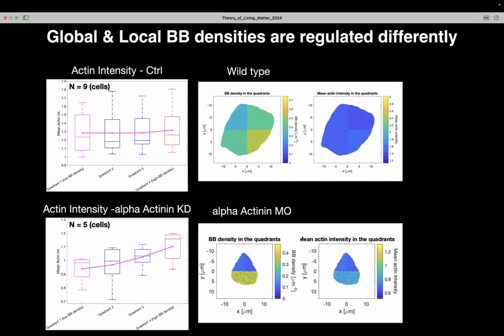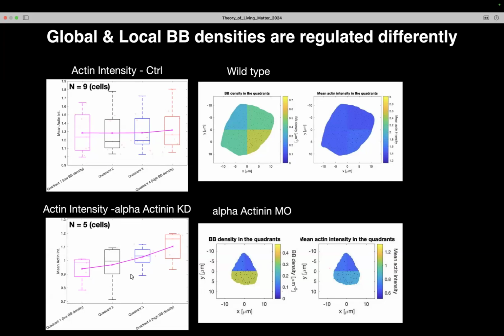So what we see in the control situation, which was actually quite expected, is that the mean intensity of actin within these different quadrants is the same throughout all of these quadrants if you look cumulatively through all of the time points.